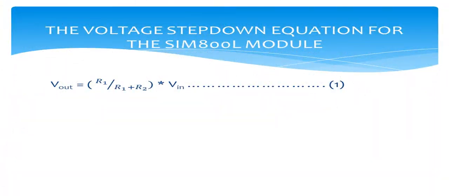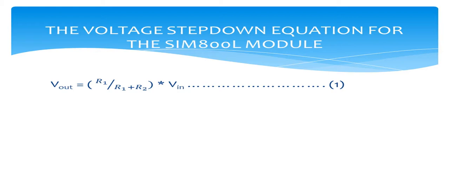For the voltage from the microcontroller to be connected to the SIM module, there is need for a step down. And this step down is carried out using equation 1.